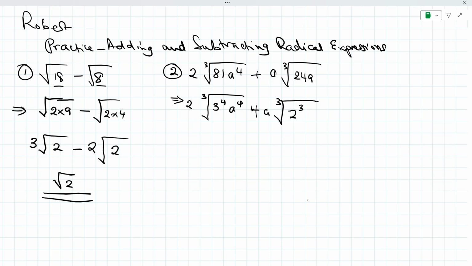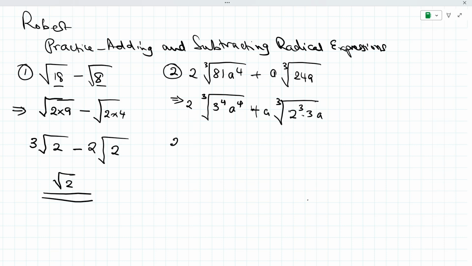That's 2 times 2 times 2, then times 3 will give us 24. So then we have at the end here a. So we then go ahead to remove the factors here that we can find the cube root of to give us terms to put outside of the root sign.